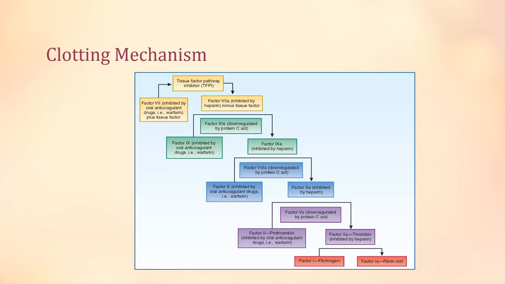If you take a look at the clotting mechanism table before you, it shows the tissue factor pathway inhibitor, starting with factor 7 inhibiting the oral anticoagulant drugs like warfarin plus a tissue factor, moving over to the tissue factor pathway inhibitor, and following its way down. You are not responsible for knowing this table for the exam, but I do want you to familiarize yourself with it.